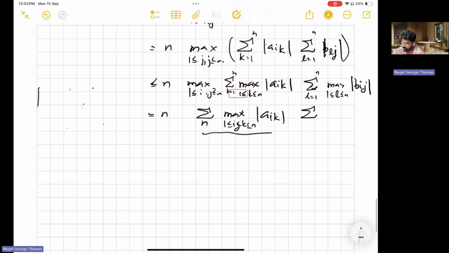Anyways, let me complete this one. This is over 1 ≤ j, l ≤ n. We have to add them as well, l from 1 to n, the max over 1 ≤ l, j ≤ n of b_ij. We'll get n times.